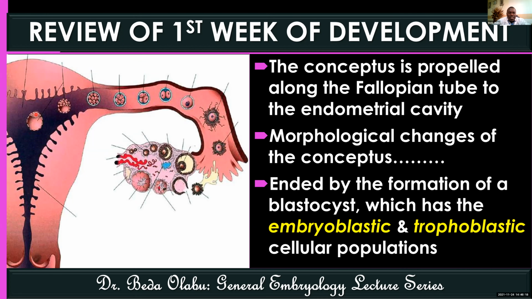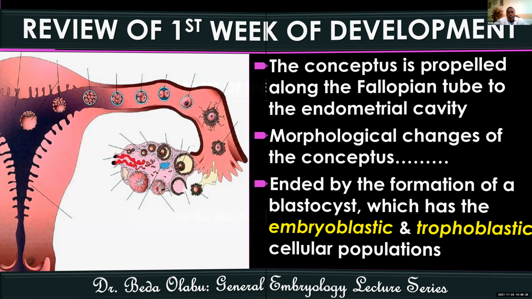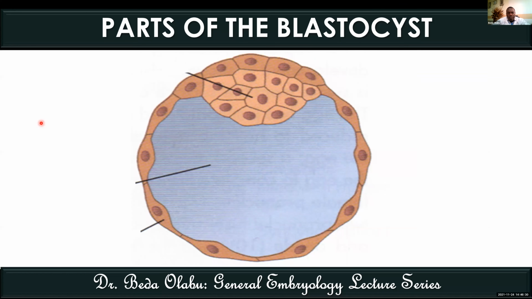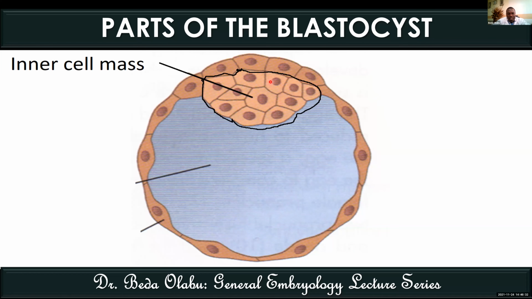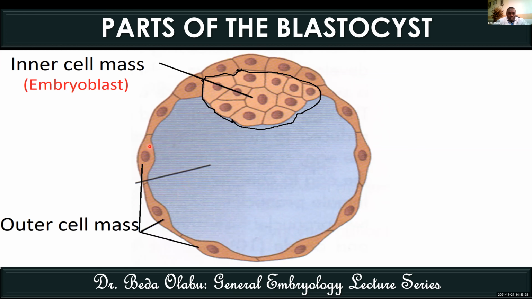And the blastocyst has 2 cell populations: the inner cell mass, the embryoblast, and the outer cell mass, the trophoblast. These are the parts of the blastocyst. That's the inner cell mass, which is the embryoblastic tissue. This is the outer cell mass, which is the trophoblastic tissue.